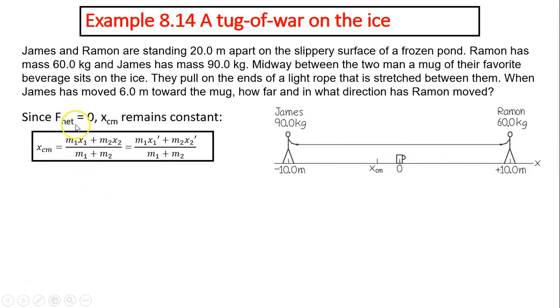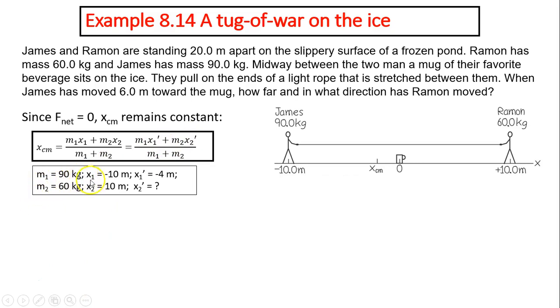Because there is no external force, the net force equals 0, so the center of mass has to remain constant, with the mug as the zero point. So the center of mass is the same before they start pulling and while they are pulling. Here is m1, x: James starts at -10, after is -4. How did I get -4?